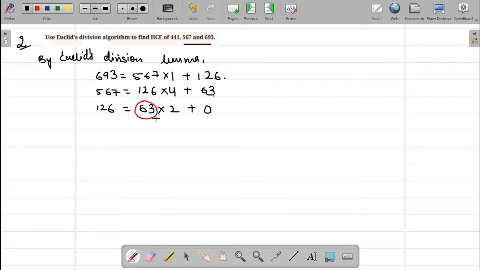Now I'll write down the HCF of 693 and 567 is 63.